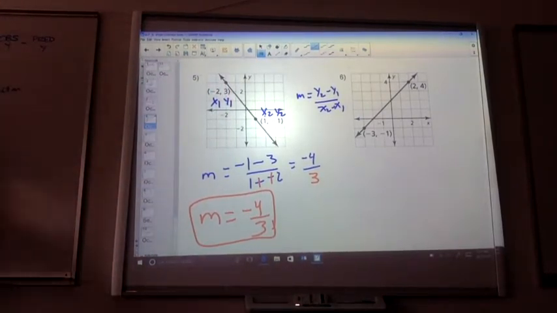Problem number 6, increasing or decreasing function? Increasing. Do you feel that it is a slope that should be positive or negative? Positive, good. All right, so again, my slope equation, I have y2 minus y1 over x2 minus x1. That's a 3 in there, okay?